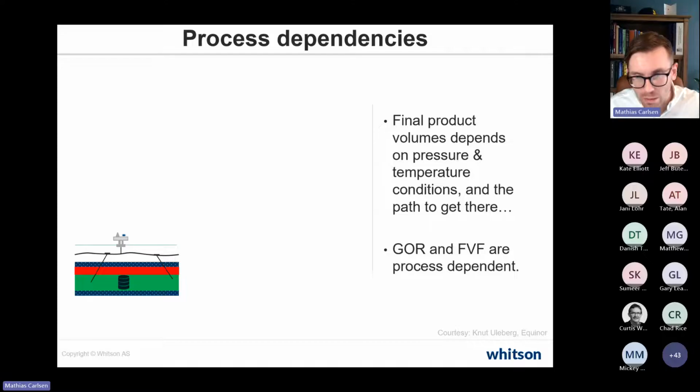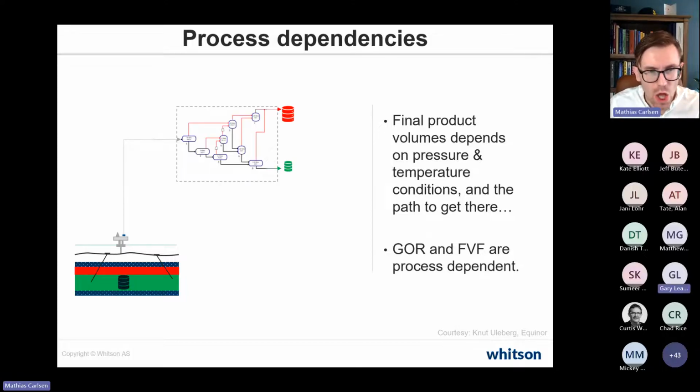So if I took an extremely complicated process and invested a lot of money into a very, very advanced surface process, like you're looking at here, I would get way more liquid oil that's worth more money compared to gas. So more of those molecules will go into the liquid stream. So my GOR will be lower, and my formation volume factor, quote unquote, inverse of shrinkage, would also be lower. Okay. If I did the total opposite and I just took the fluids and exposed them to surface, I would get the least efficient process, and I would get a much higher GOR and also a higher formation volume factor.